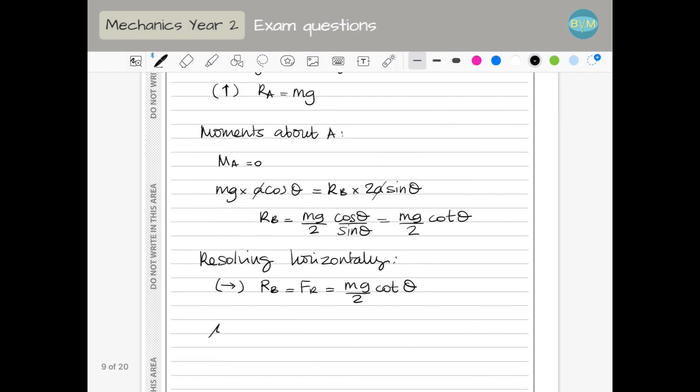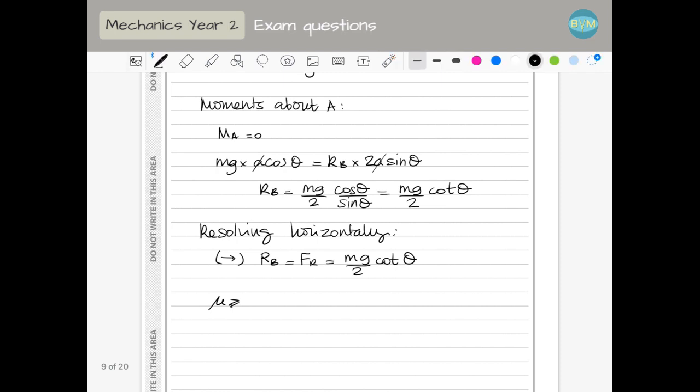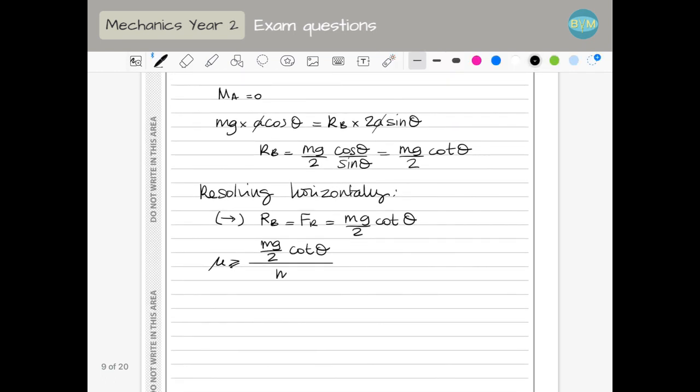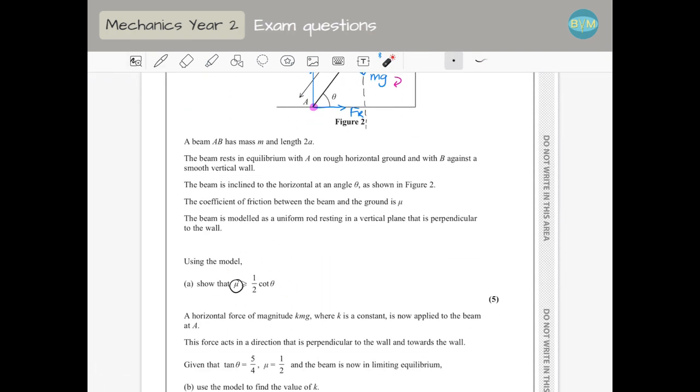Therefore, mu must be greater or equal than, just substituting here, friction, which is mg divided by 2 cot theta, divided by RA, that was mg. We cancel mg, and we have that mu must be greater or equal than 1/2 cot theta. And that's what we needed to prove. Yeah, that's the first part.